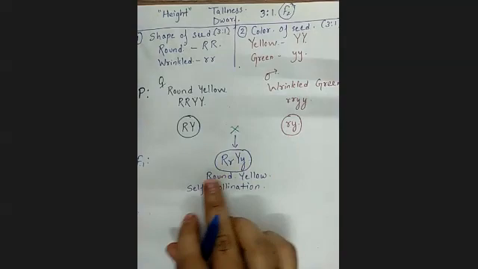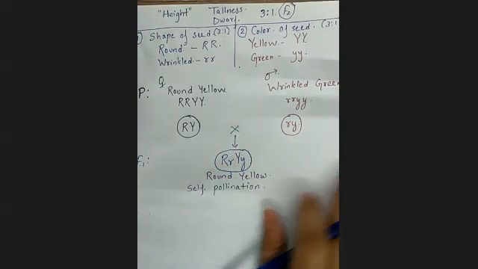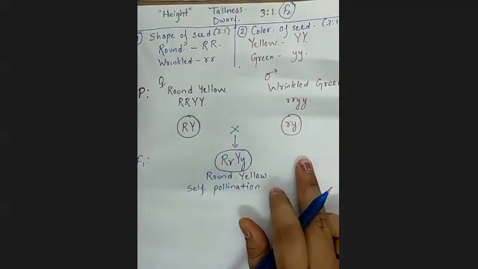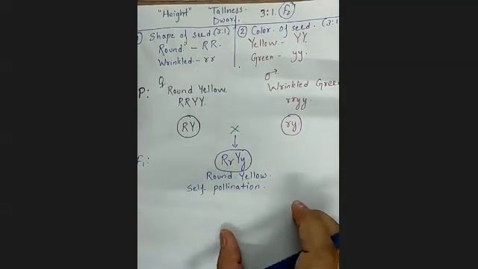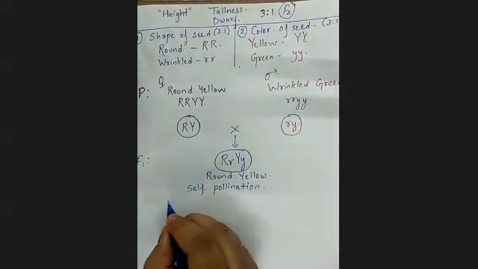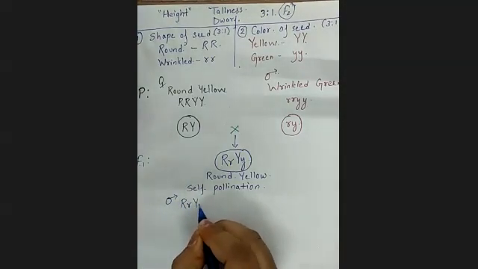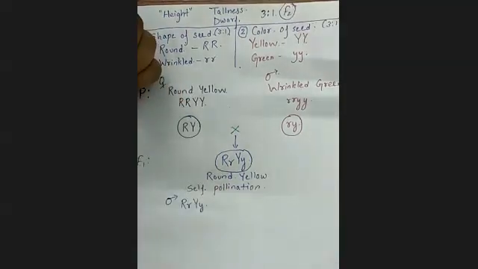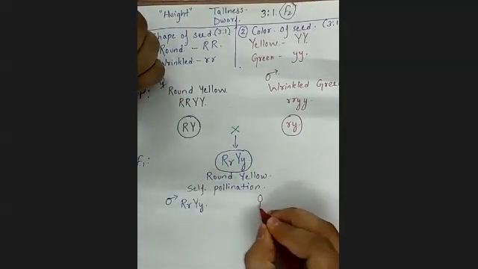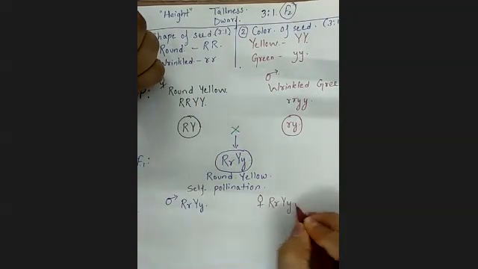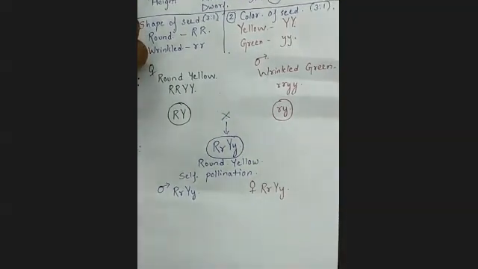Male plants were also round and yellow, and female plants were also round and yellow. He took one of them as a male, RrYy, and the female also has the same type of genetic combination. That is how he opted.